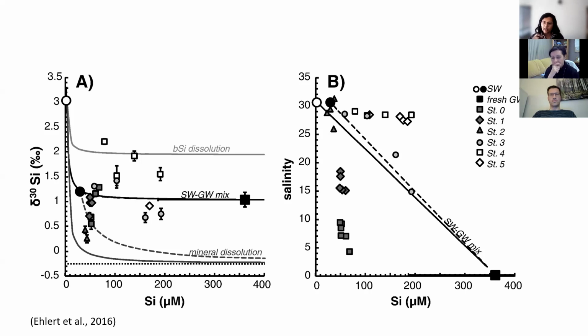Those are the two reactions that need to happen in order to explain these stable silicon isotope values, which I think is a brilliant and really cool application of this tool.